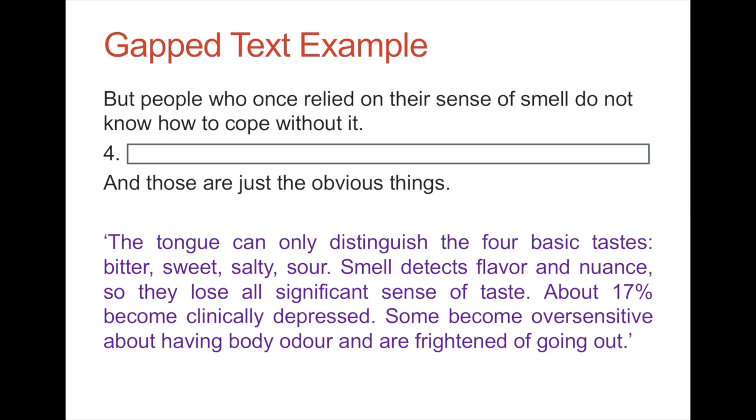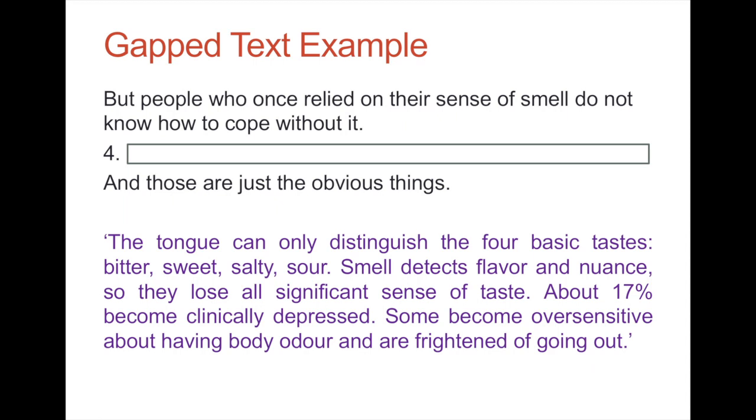"The tongue can only distinguish the 4 basic tastes: bitter, sweet, salty, sour. Smell detects flavor and nuance, so they lose all significant sense of taste. About 17% become clinically depressed. Some become oversensitive about having body odor and are frightened of going out."